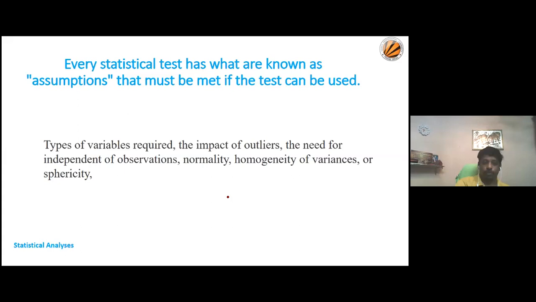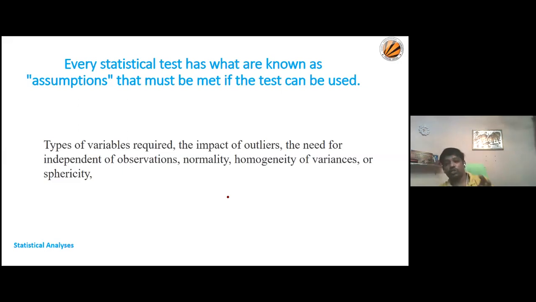As I said, every statistical test has what we know as assumptions. These include the types of variable you're going to use, the impact of outliers on your data, and also the need for independence of observations, normality, homogeneity of variance, and sphericity.